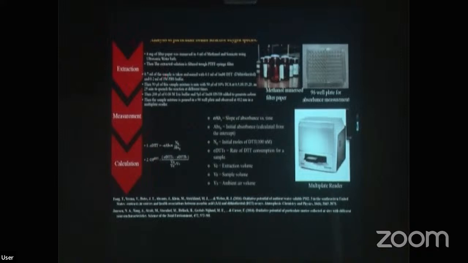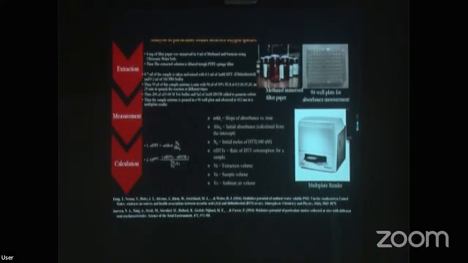So analytically, we tried to quantify the reactive oxygen species using an assay method called the DTT method. Nearly most of us are accustomed to the ascorbic acid method, but with the ascorbic acid method there is a technical problem. When doing it in the laboratories, it is very difficult to control the experiment.